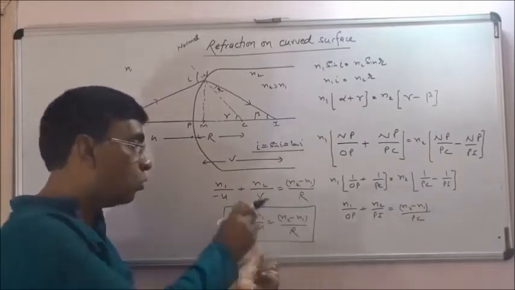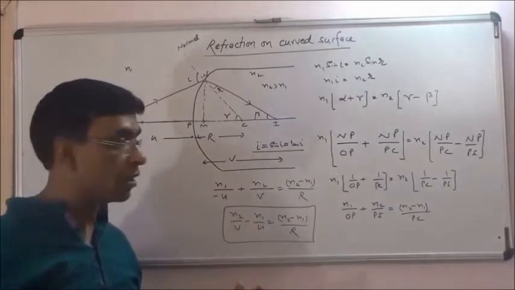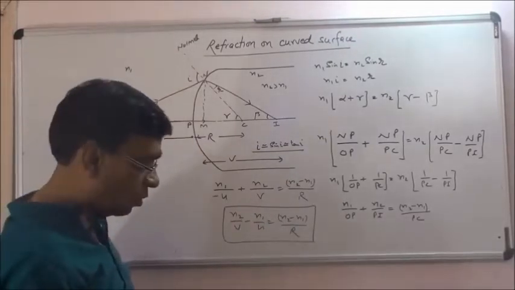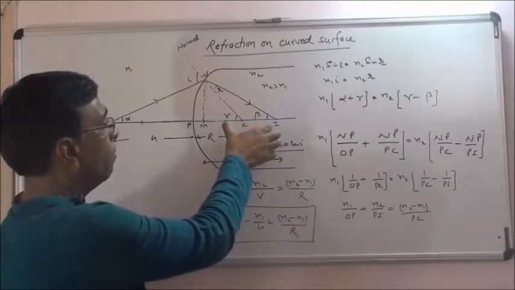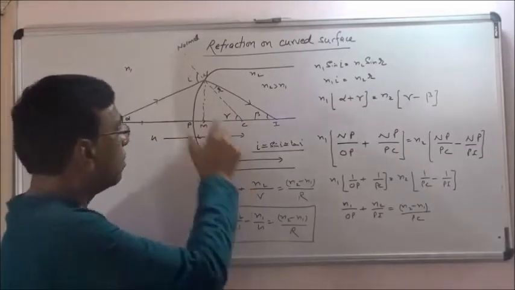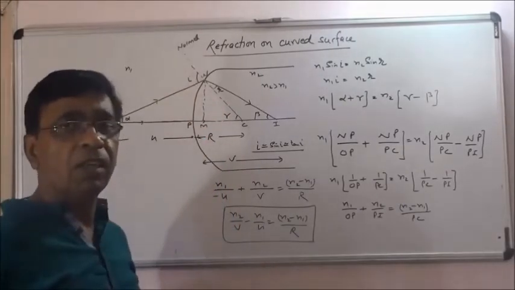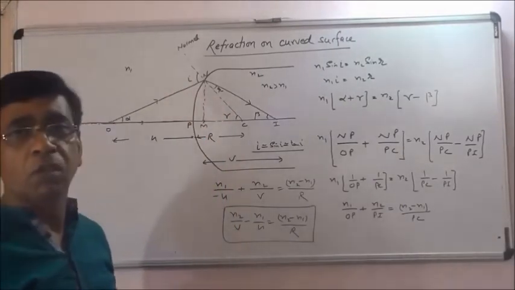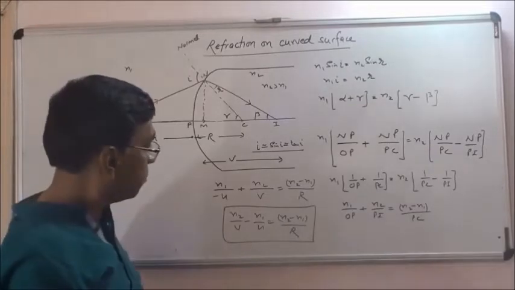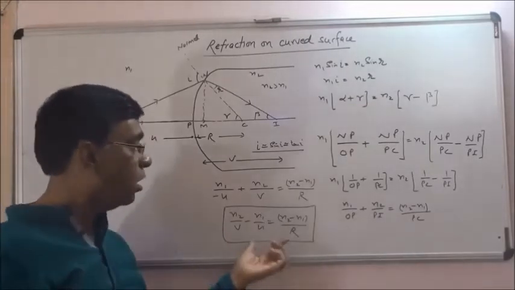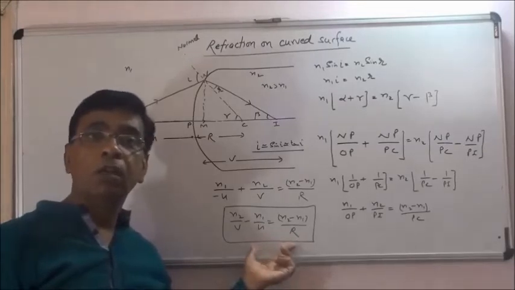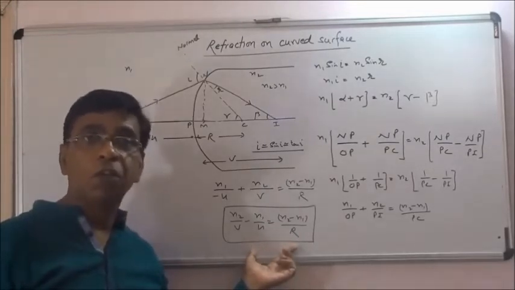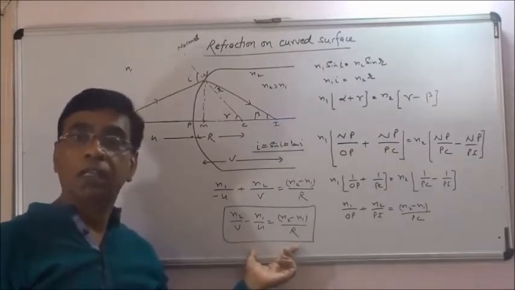But you will use it with proper sign convention. That's it. Other cases you may try yourself. You may draw a diagram for virtual image, for convex surface, and same way you can take even for concave surface. Now we shall be using this expression for deriving a relation for focal length of lenses.